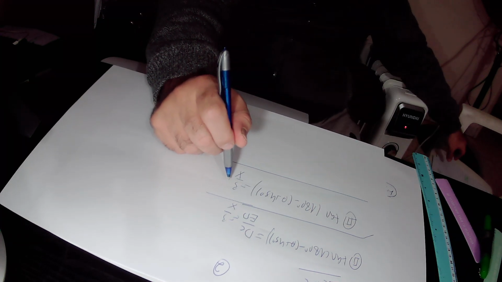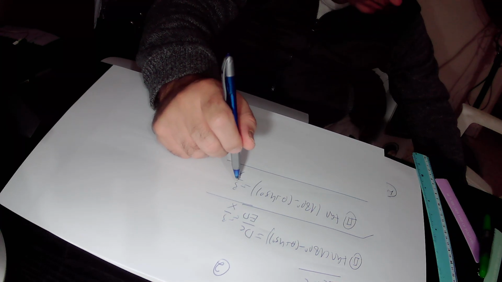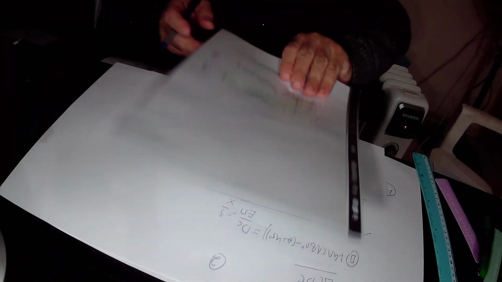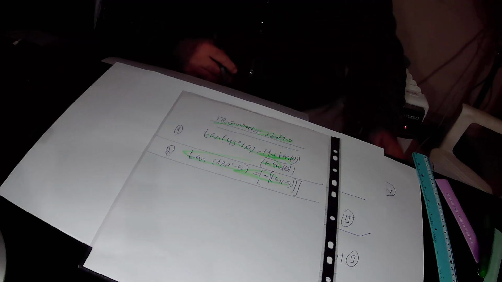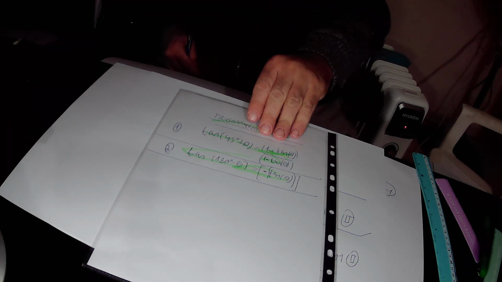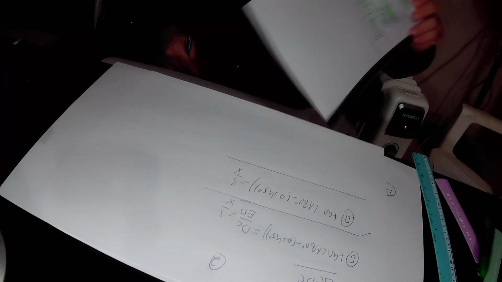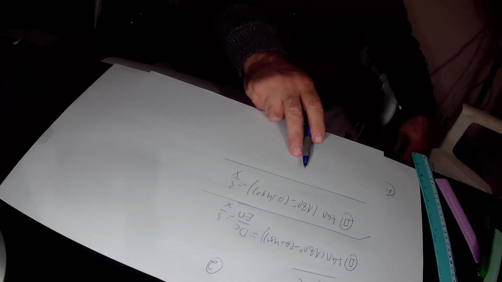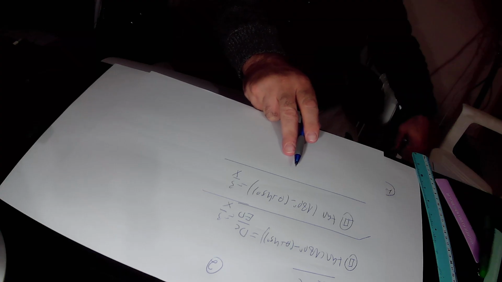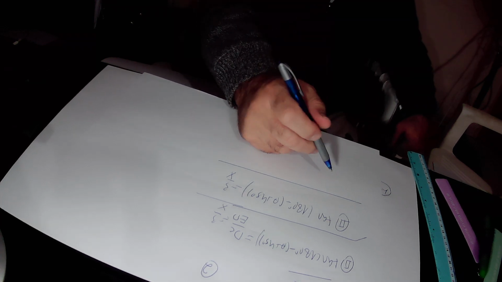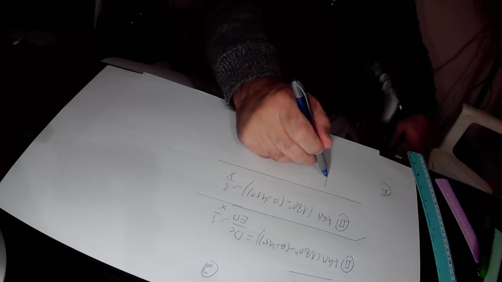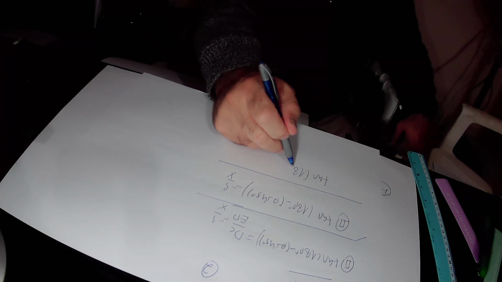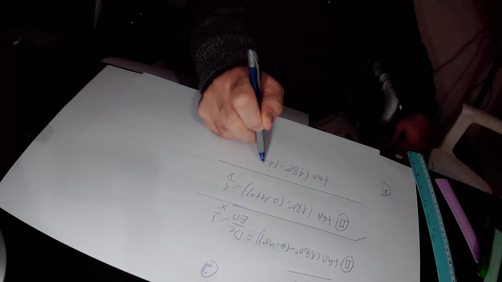We have another trigonometric identity. The second trigonometric identity says that tangent of 180 degrees minus theta equals minus tangent theta. So according to this trigonometric identity, we get that tangent of 180 degrees minus (theta plus 45 degrees) equals minus tangent of (theta plus 45 degrees).